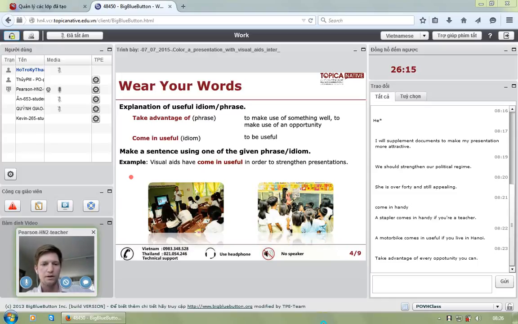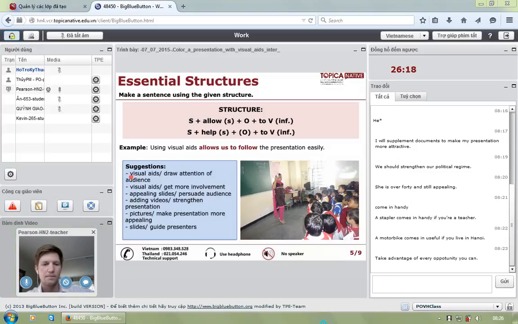All right, let's see. You should have lots of good fruit coming if there's a lot of rain, and maybe the rain cools you off a bit in the heat of the summer. Okay, let's look at this grammatical structure, all right? Using visual aids allows us to follow the presentation easily, or you can say using visual aids helps us to follow the presentation easily.